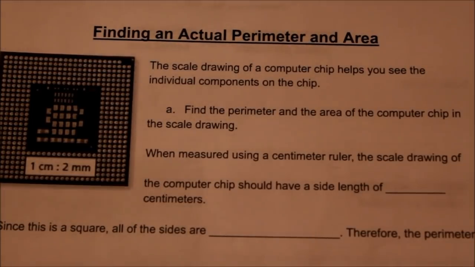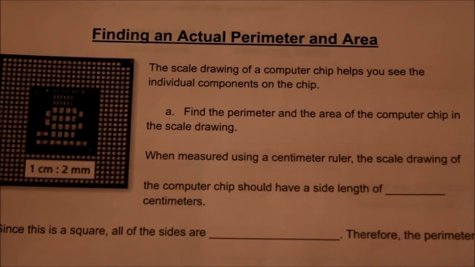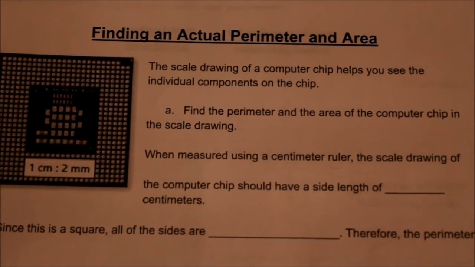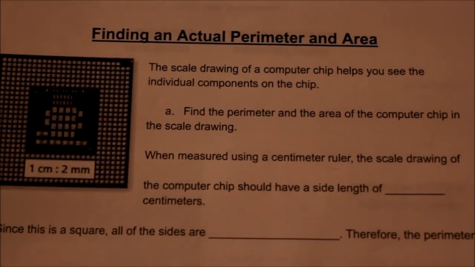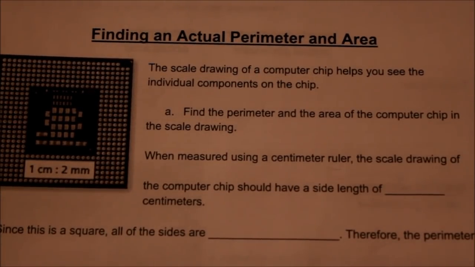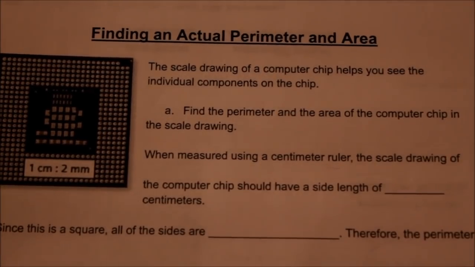So the scale drawing of the computer chip helps you see the individual components on the chip. We are looking at A now. We're going to find the perimeter and the area of the computer chip in the scale drawing.